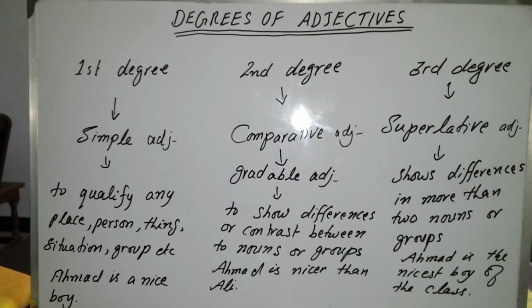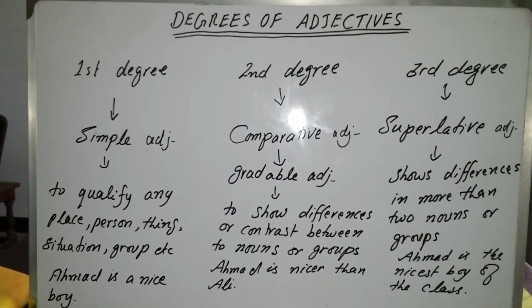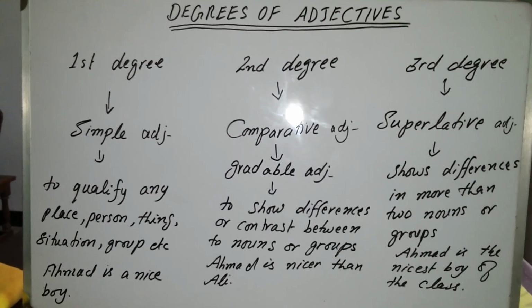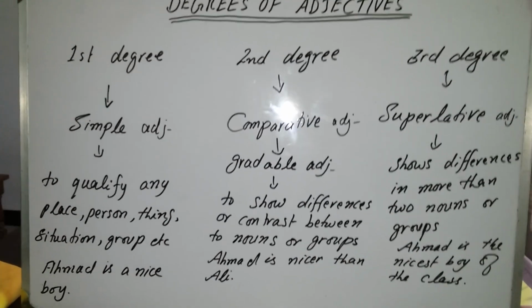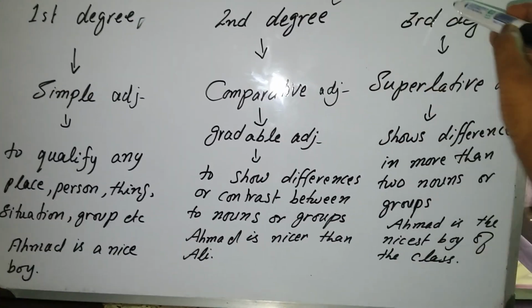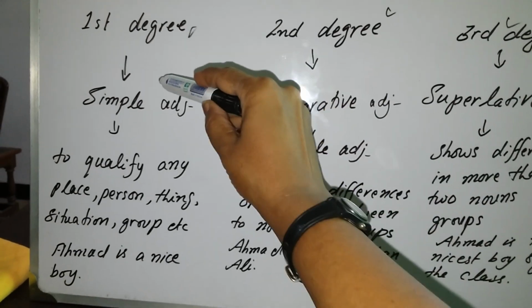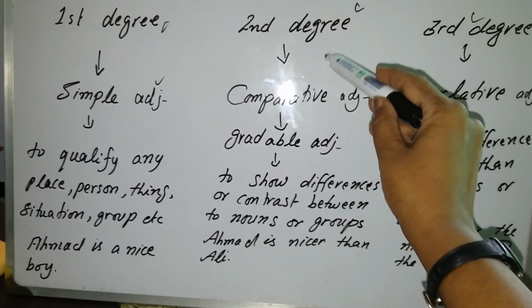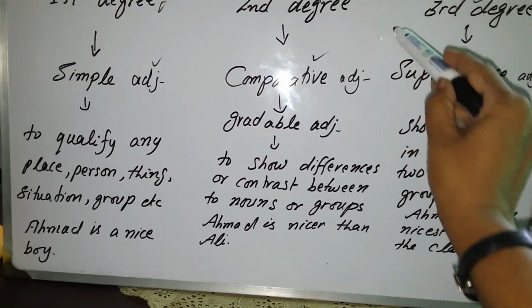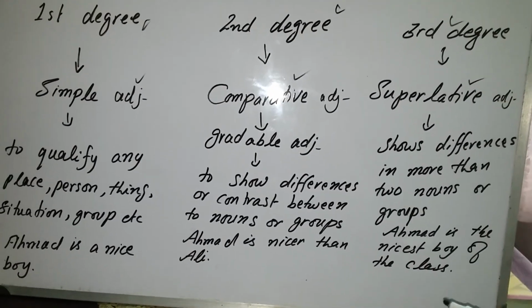When we qualify any noun or pronoun, we use different degrees of adjectives, and those degrees are called first degree, second degree, and third degree. The first degree is also called simple adjective. The second degree is also called comparative adjective, and the third degree is also called superlative degree.